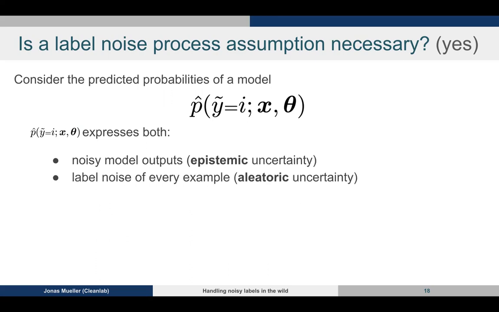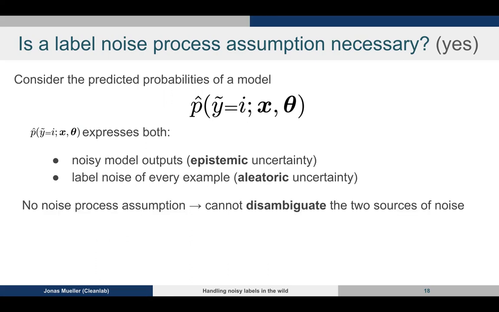These probabilities will be influenced by the fact that the model is doing statistical estimation, so it's going to be imperfect and has some epistemic uncertainty in it. Also, the label of each example may actually be incorrect, so there's some true noise in the process that the model is capturing when it's being trained on noisily labeled data.